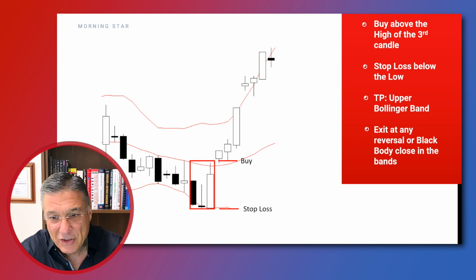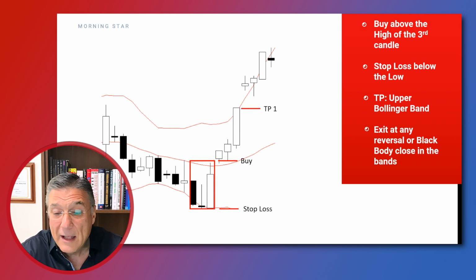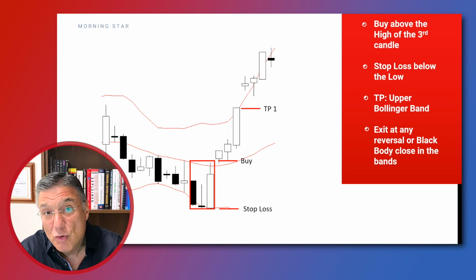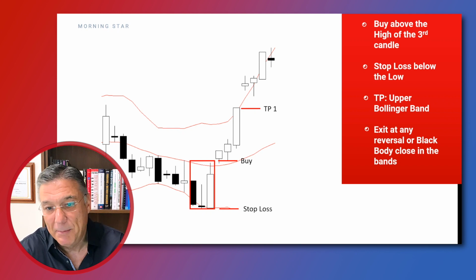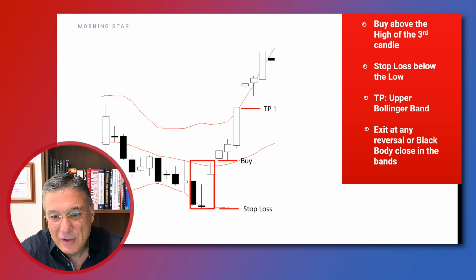The take profit strategy is going to be once again the upper Bollinger Band, or if we see any black body closing below the upper band, within the bands, it's a good signal that we might close the entire position, the whole trade.